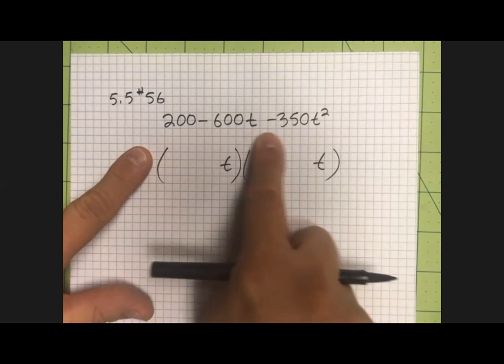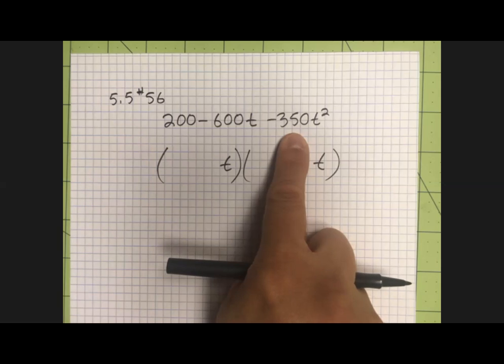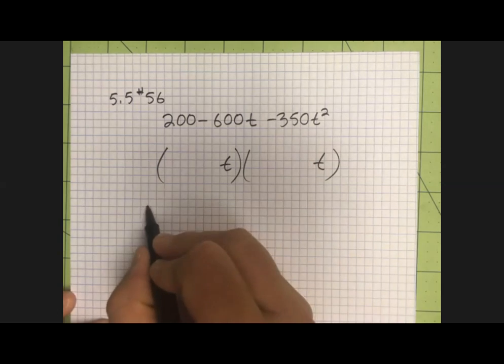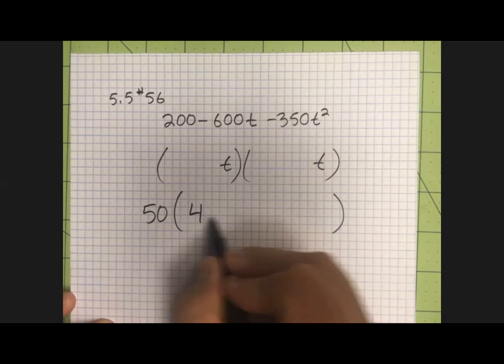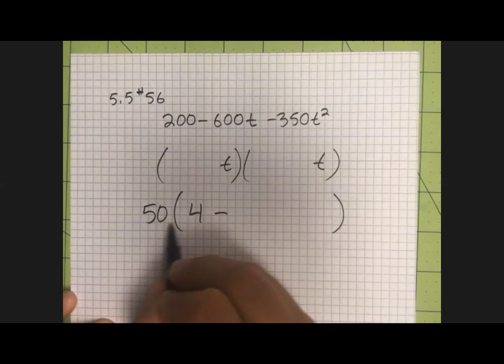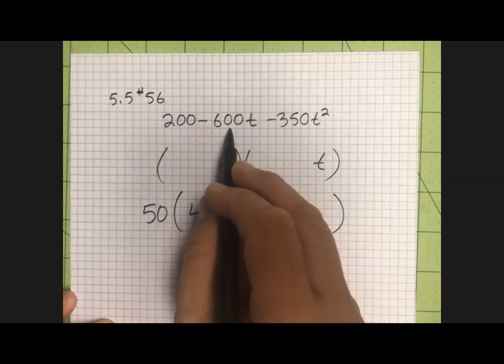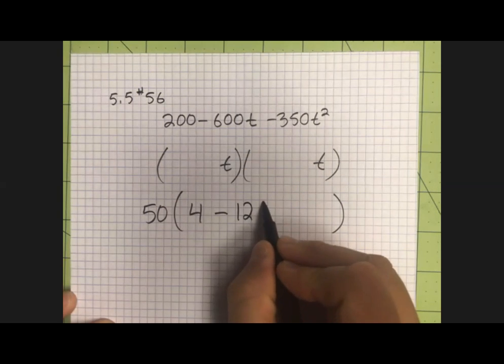Has everybody got 100? No. Everybody got a 50? Yes. Can I do better than 50? I don't know. Let's pull out the 50 and find out. There's nothing wrong with doing a preliminary step. 50 times 4 is 200. This is 3 times bigger than 200, so I got 12t there.